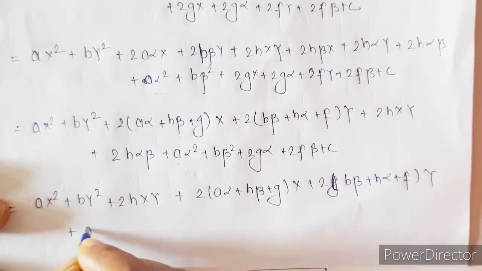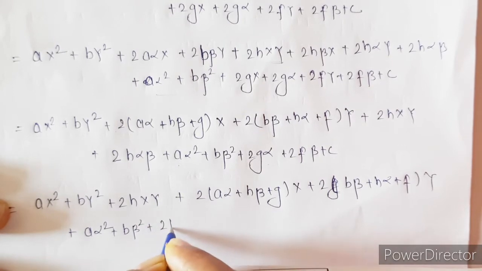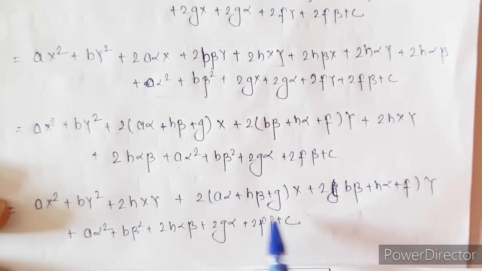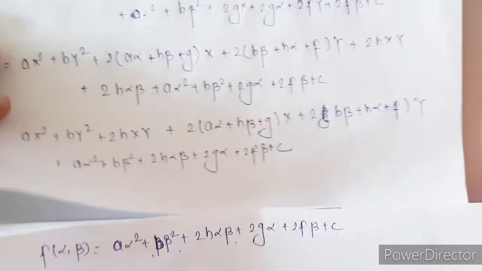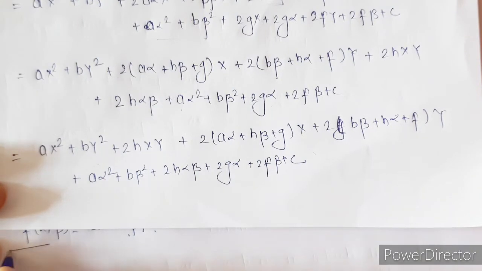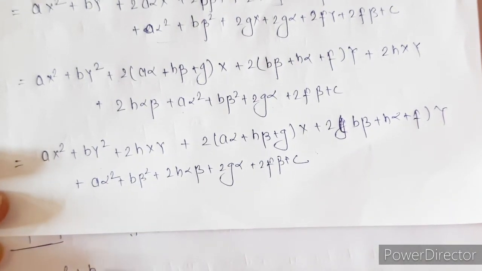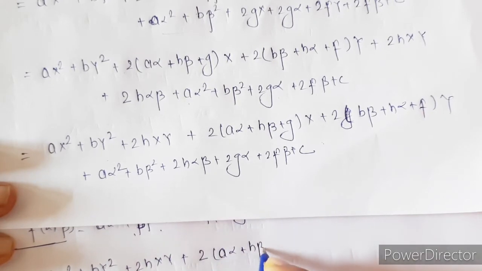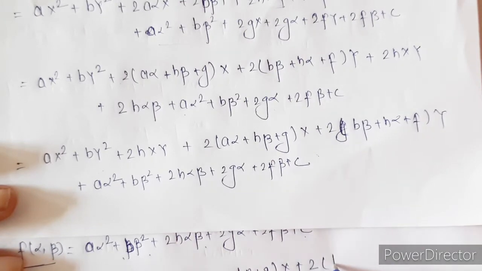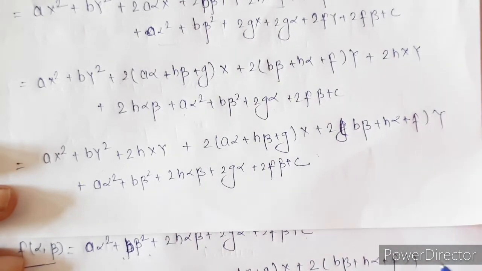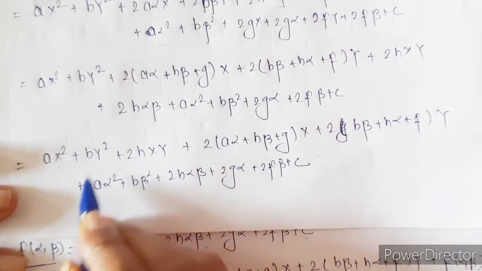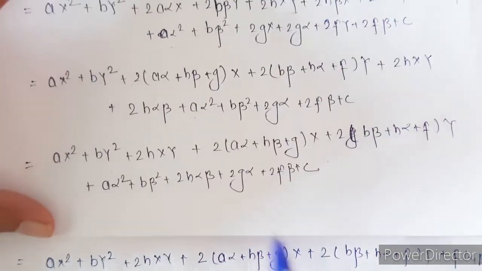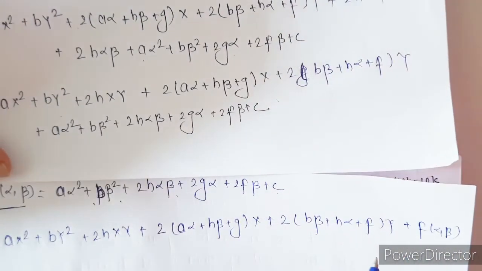Now instead of this, we can take it as f of α, β. So the equation is ax² plus by² plus 2hxy plus 2 times (aα plus hβ plus g) times x, 2 times (bβ plus hα plus f) times y, plus f of α, β. Because instead of all these terms, we are replacing them by f of α, β.